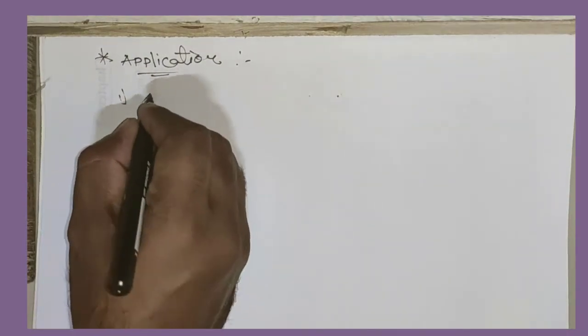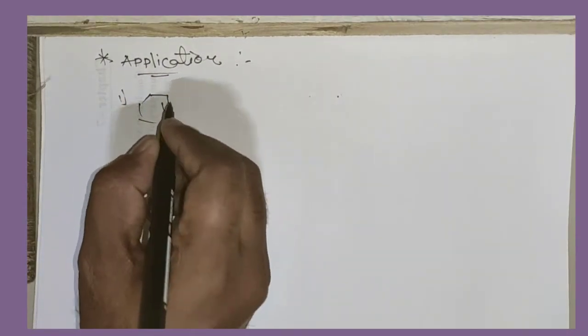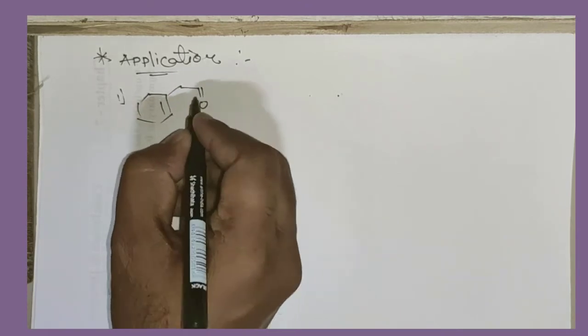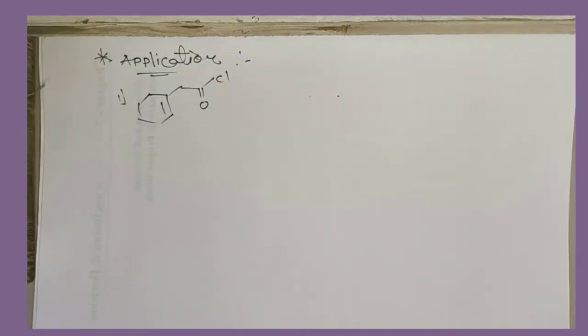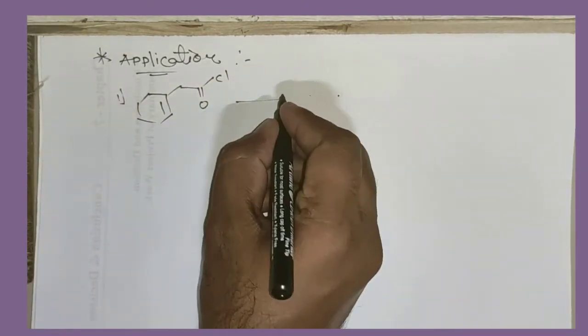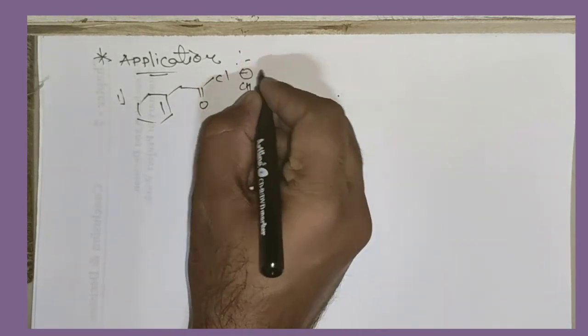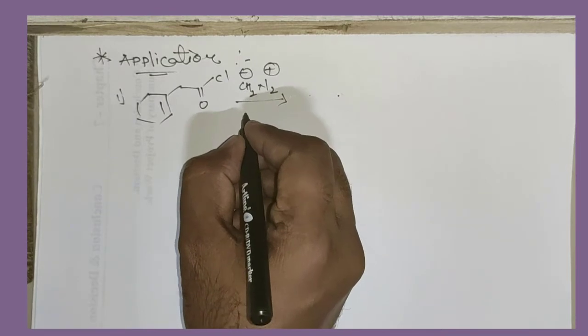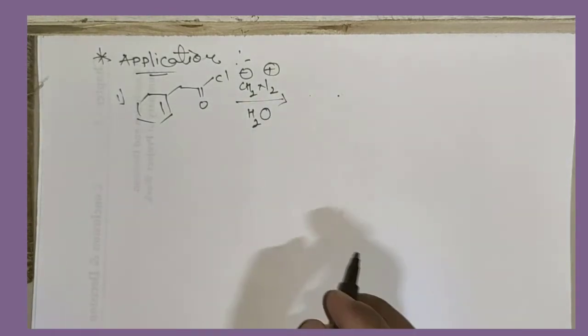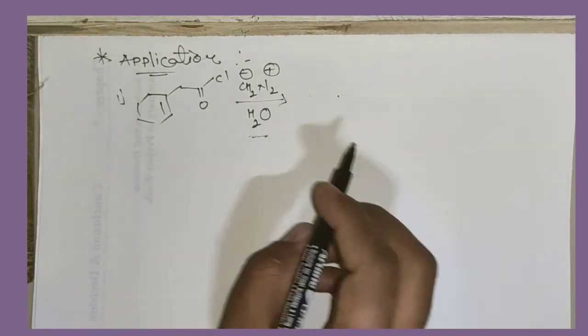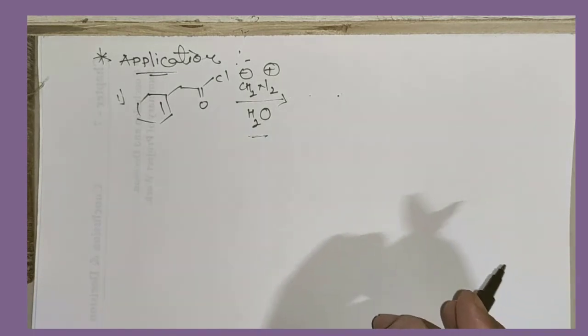Okay, let me take some examples. The first one we are going to discuss is the cyclohexene type derivatives. Suppose here you are adding diazomethane plus water. On the basis of water, you identify that the final product should be acid.